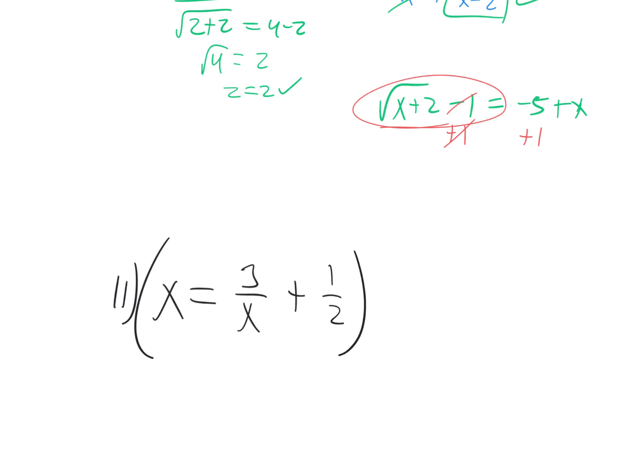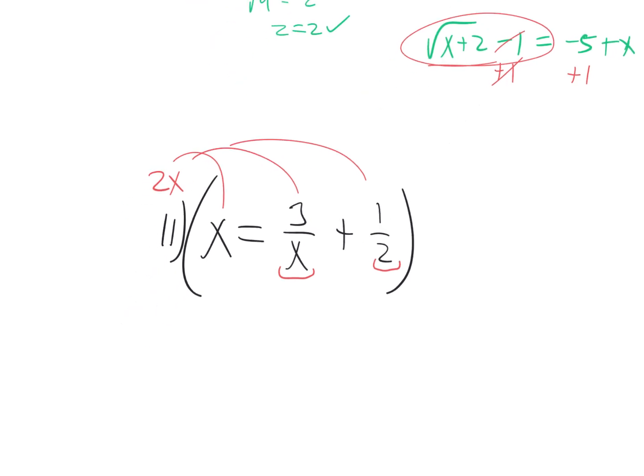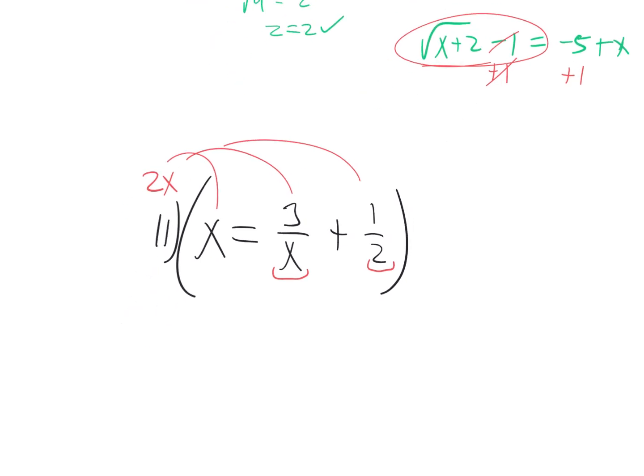We want to multiply by the least common denominator. So x and 2. There's an x here and a 2 here. They don't share anything in common, so you can multiply everything by 2x. And then 2x times x, nothing cancels there.